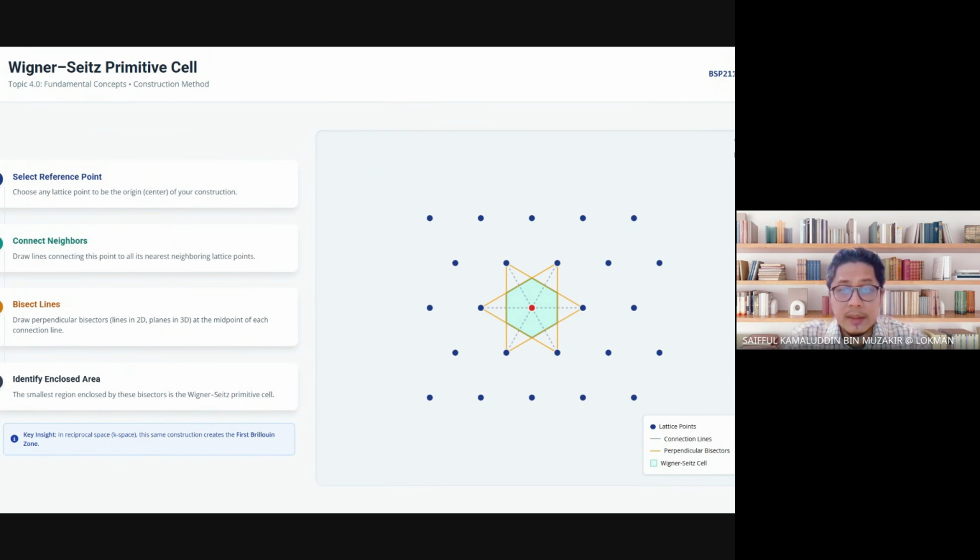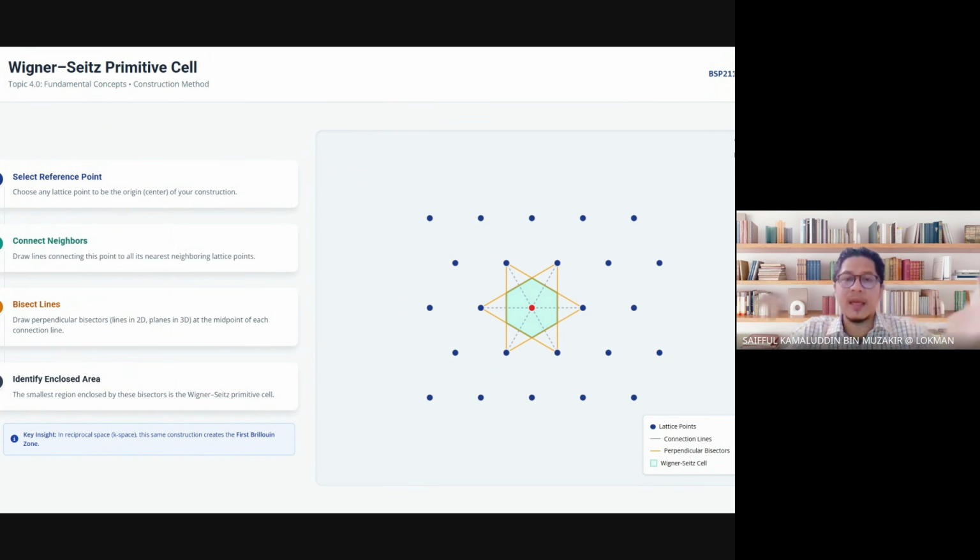So this construction is purely geometric. It defines the region of space closer to the chosen lattice point than to any other lattice point. This idea becomes very important later because in reciprocal space, the same construction gives us the first Brillouin zone.